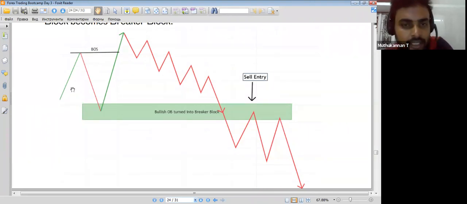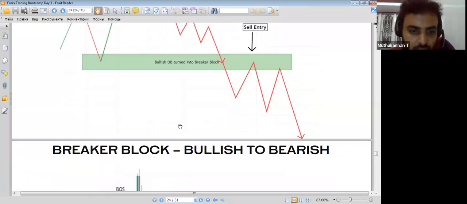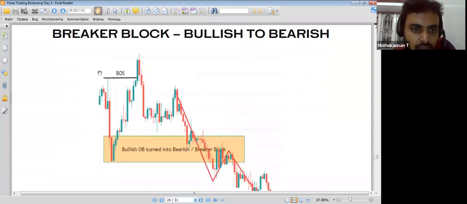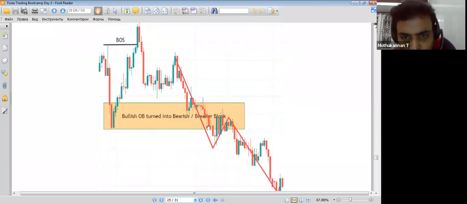Okay, in the supply and demand concept, let me show an example here. You can see here a break of structure happened. I have marked the order block. Price touched here a few times, but after that what happened? Just pay attention to the price action. Price broke the block, touched here and fell down.